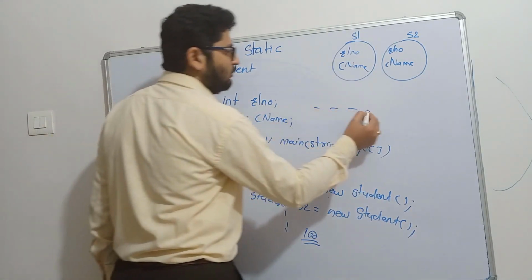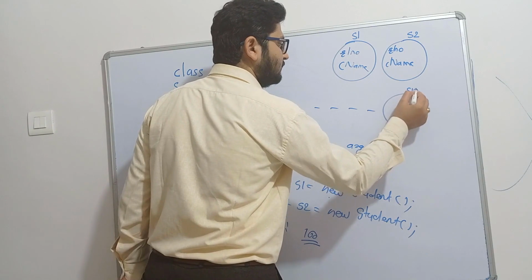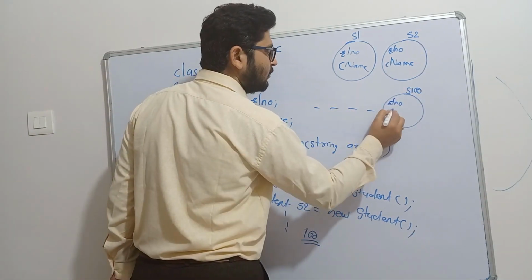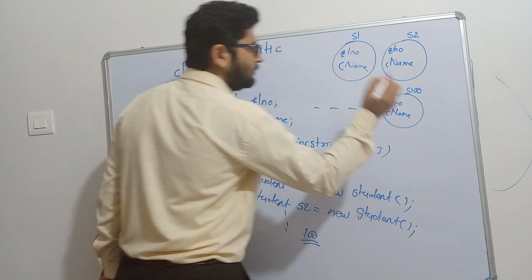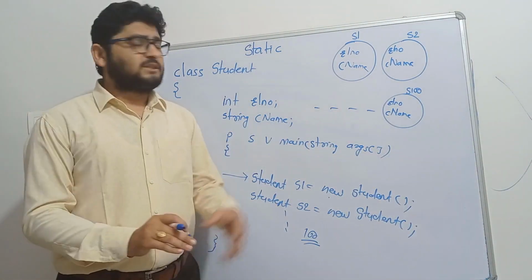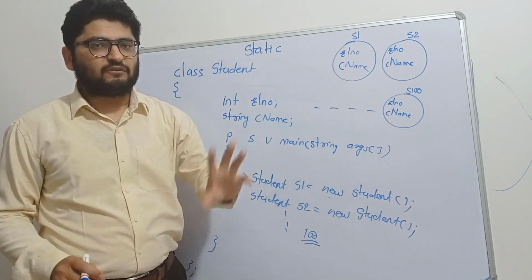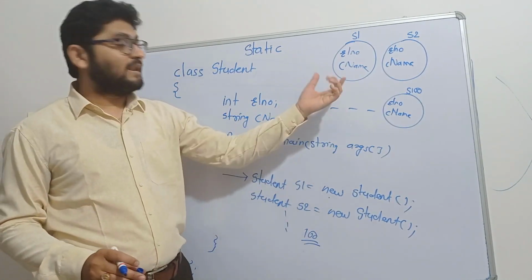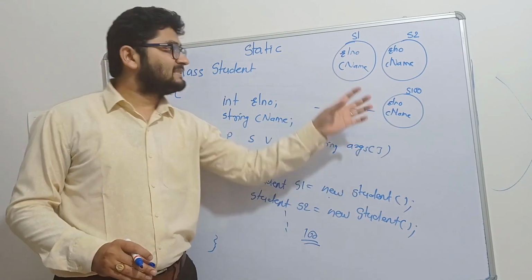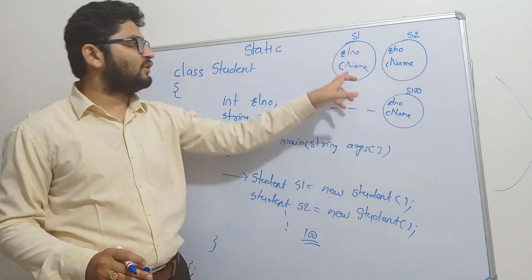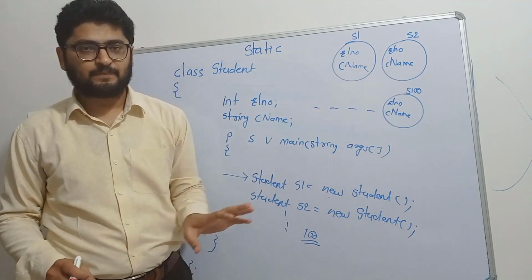There will be 100 objects in memory, each with a roll number and college name. Each roll number will be different from the others, but the college name will be the same, as all these students belong to the same college.